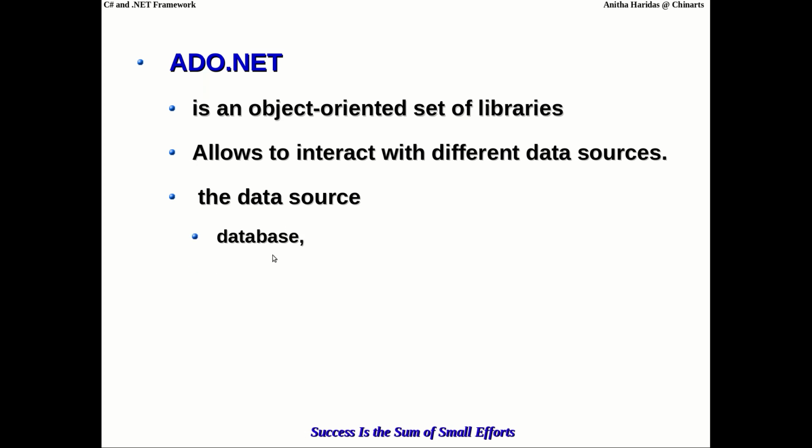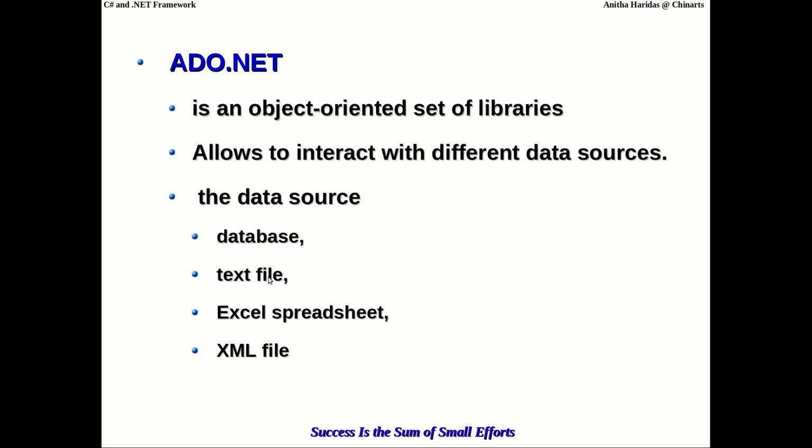It can be your relational database management system, or a plain text file, or your Excel spreadsheet, or even an XML file, etc. So ADO.NET contains a set of object-oriented libraries, and these libraries allow you to interact with a variety of data sources.